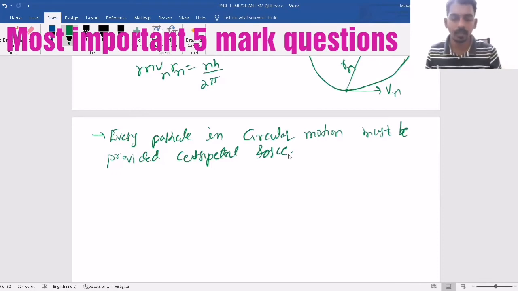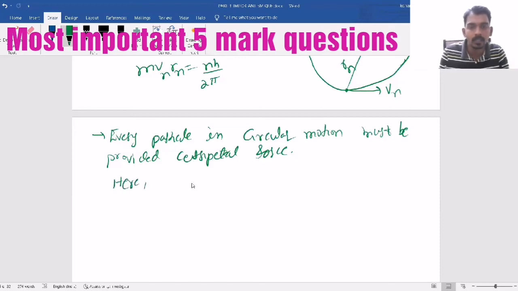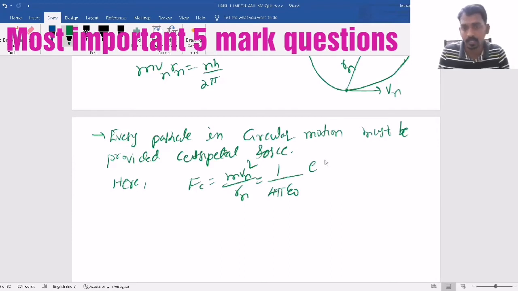So here the required centripetal force will be provided from the electrostatic attraction between the electron and the nucleus. Here centripetal force equals m v square by r, and that will be provided from the electrostatic force, that is 1 by 4 pi epsilon naught q1 q2 by r square. One charge is electron, another charge is nucleus, meaning protons' charge. So one proton means e. Inside the nucleus, Z protons will be there, so Ze by r square.